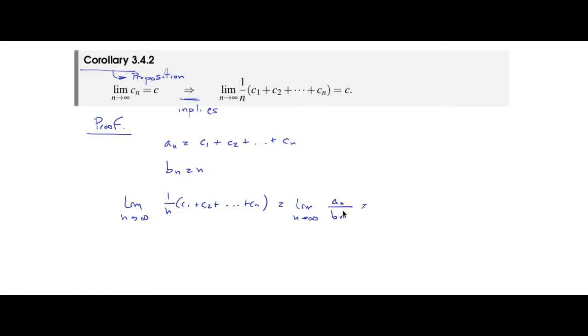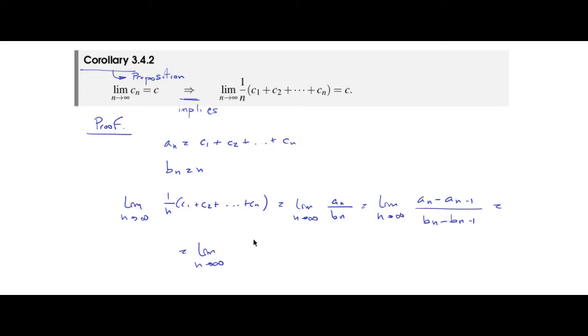Now, b sub n is a sequence that's strictly monotonically increasing, and it goes to infinity. So we can apply Stolz theorem and say this is equal to this limit, a sub n minus a sub n minus 1 over b sub n minus b sub n minus 1. Now, what's a sub n minus a sub n minus 1?